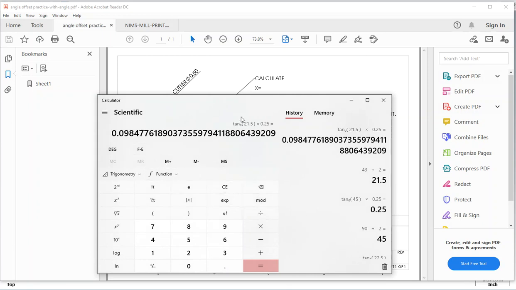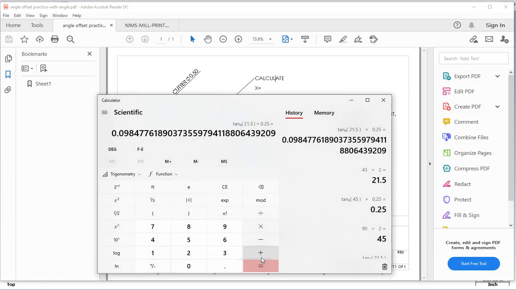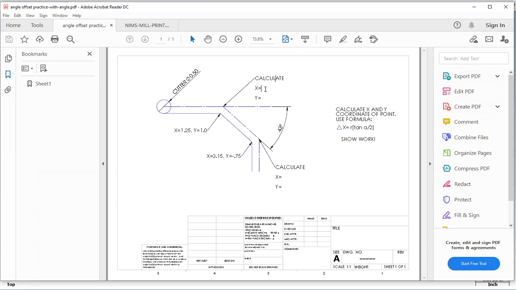Or I could just add that in here, right? So what is it? 1.25 plus 0.0985, and so 1.3485 would be my x coordinate here, right?